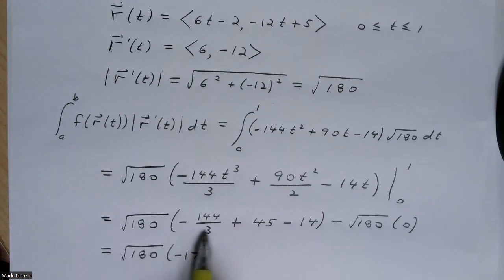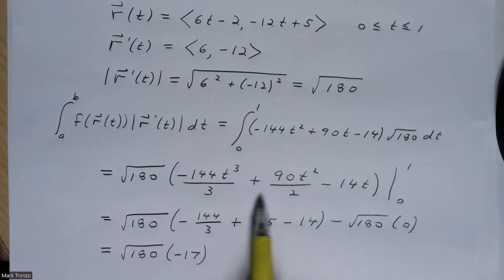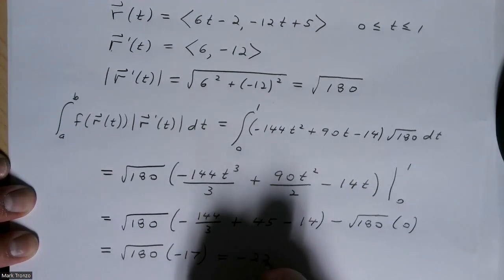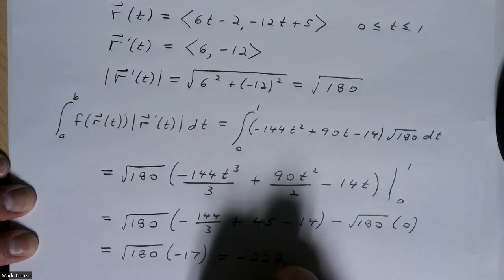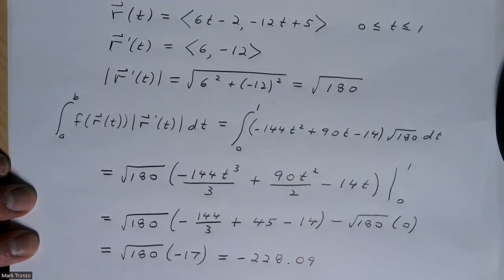And so again, when we reduce all this, this comes out to minus 17. And then over here, of course, that was already 0. If you put this in your calculator, you get something like minus 228. I'll round it off, 0.09, like that.